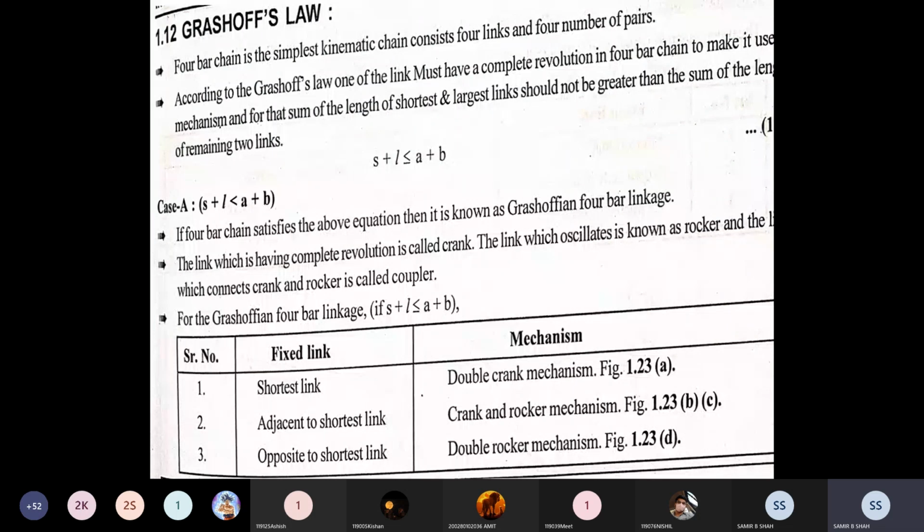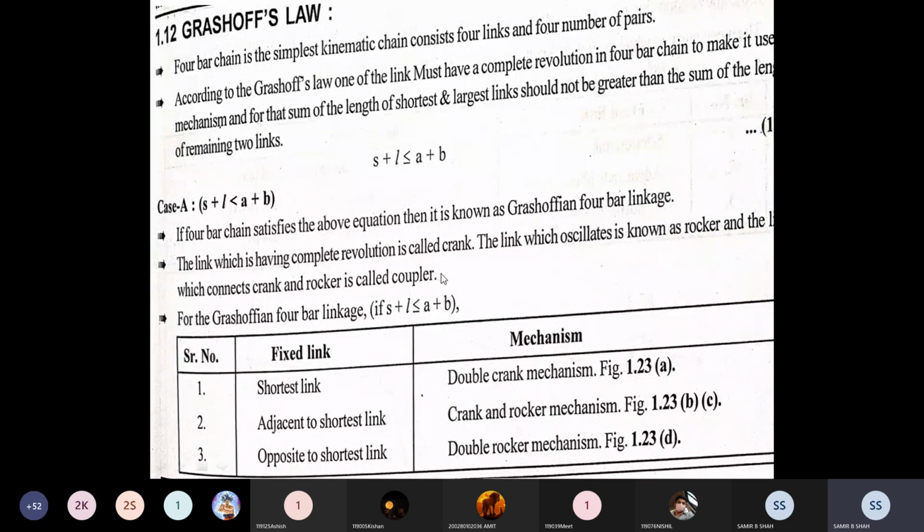Now, the link which is having complete revolution, as I discussed earlier, if any one link has complete revolution, that is one condition of Grashof's law. So, if any one link has complete revolution, then it is called a crank.